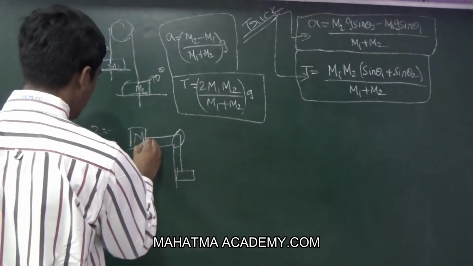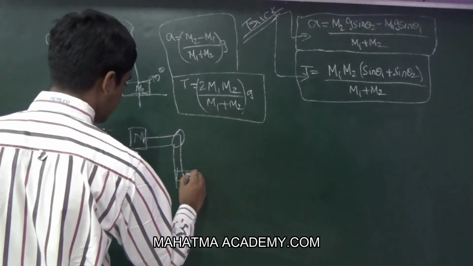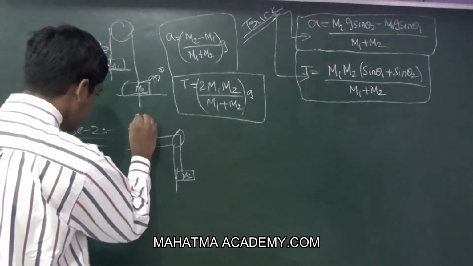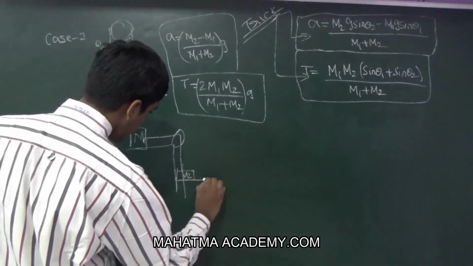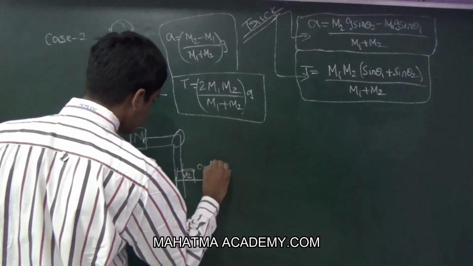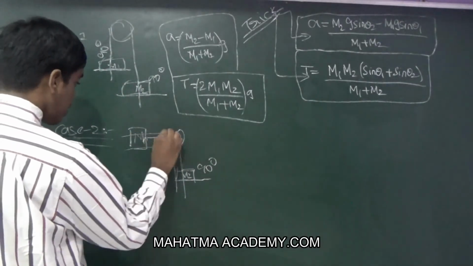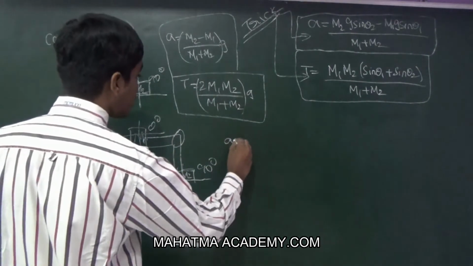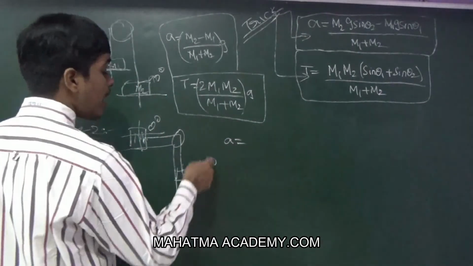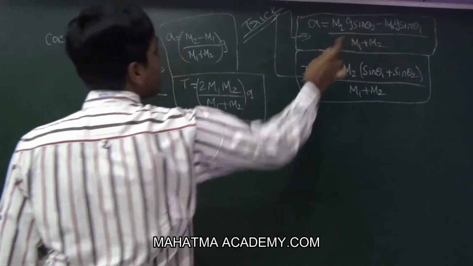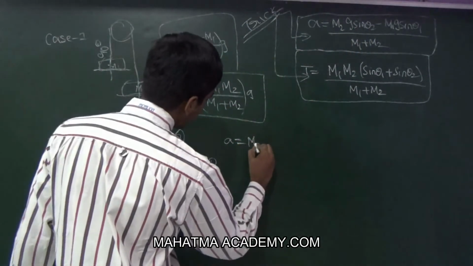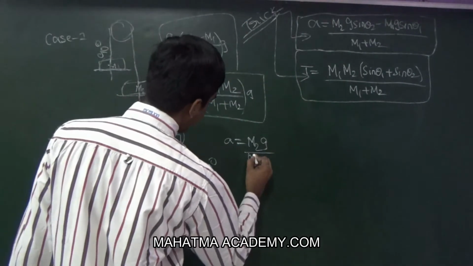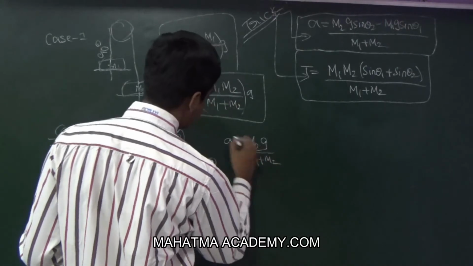It is m1 and it is m2. Okay. Now here the angle is 90, but here the angle is 0. So if you substitute m2g, m2 into sin theta 2, sin 90 is 1, so m2g, and the sin 0 is 0, so m1 plus m2.